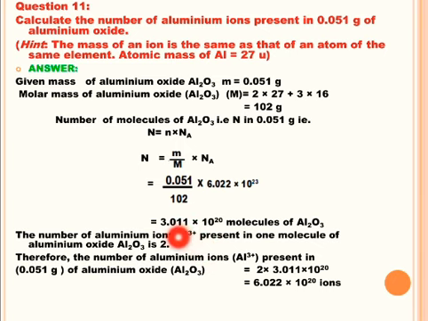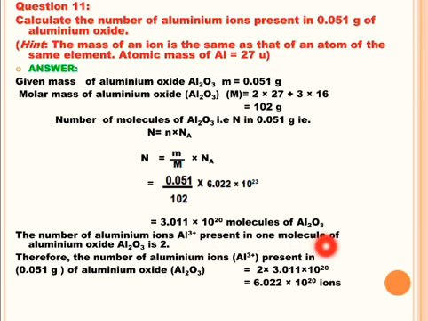So we have calculated the number of molecules of aluminium oxide in 0.051 grams. Now how can we calculate the number of aluminium ions in 0.051 grams of aluminium oxide? What we have to do, simply we know that there are 2 aluminium ions present in Al2O3.